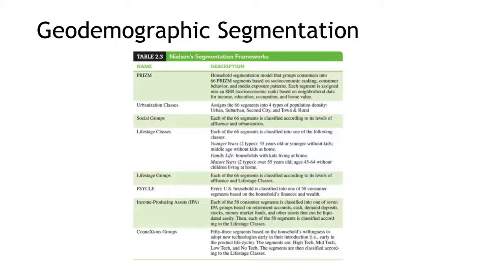Geographic is often combined with demographic to get geodemographic. So you might look at a certain part of the country and a certain age group within that part of the country, like retirees in Phoenix or retirees in Florida or other parts of the Sun Belt.